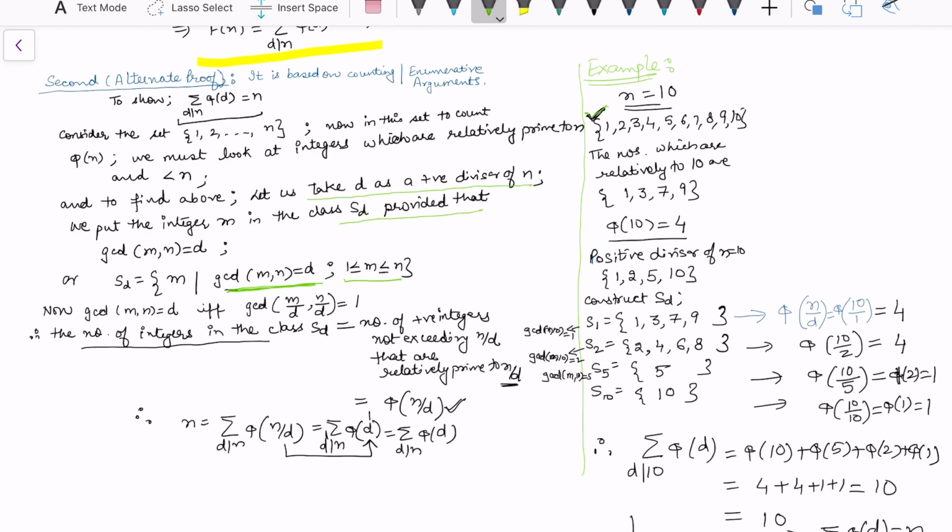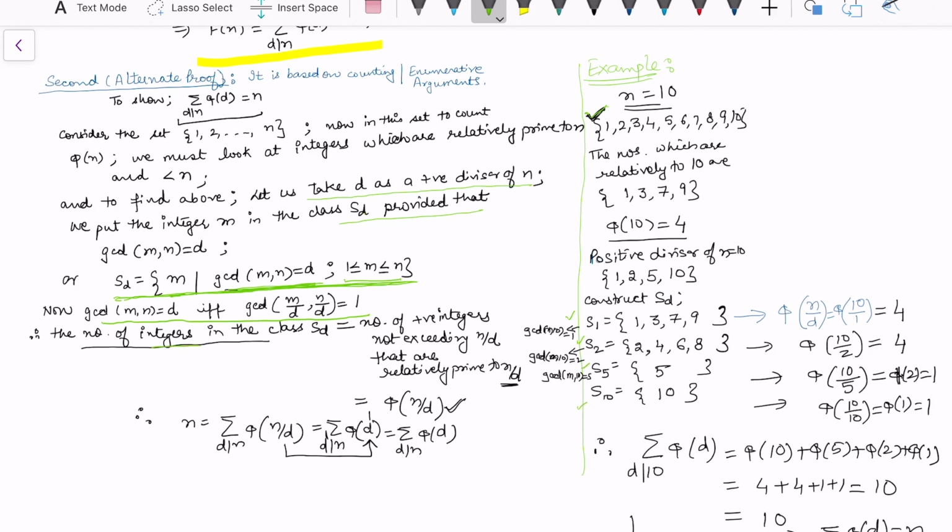Now you see here, first we have considered S_d. Now to count the number of elements in this set, what we have done: GCD of m and n is equal to d if and only if GCD of m by d and n by d is equal to 1. So we have divided the numbers into 4 classes where the GCD turns out to be d.